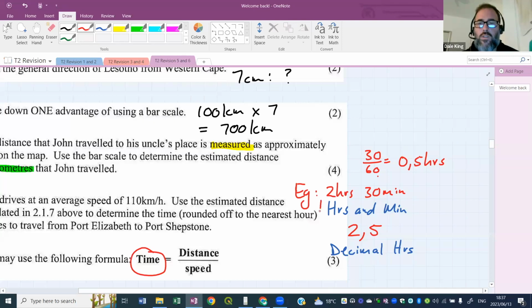So these 2 hours will be here, and this 30 minutes will be the comma 5 over there. All right, so it's 2.5 hours. Okay, thank you, Bianca. So Bianca's suggestion that we must divide the minutes by 60 to convert it into decimal hours, that's the most important thing there. All right, thank you, Bianca.